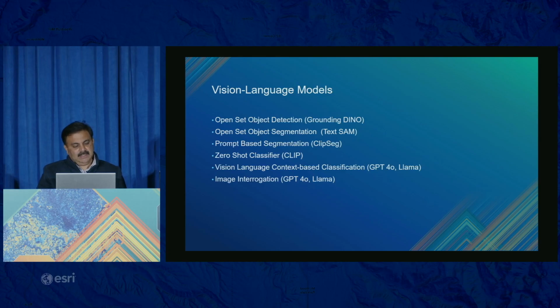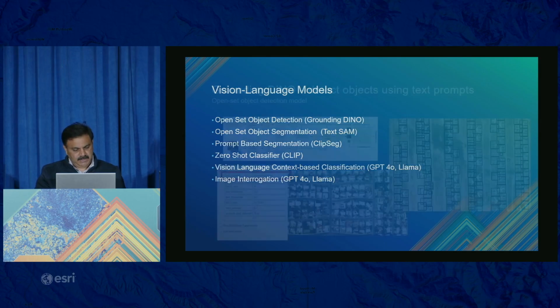Then there's a zero-shot classifier, and I'll talk about that, followed by the more powerful models like GPT-4o and Llama being used to classify objects in imagery, as well as ask questions of imagery using the image interrogation and the vision language context-based classification models.